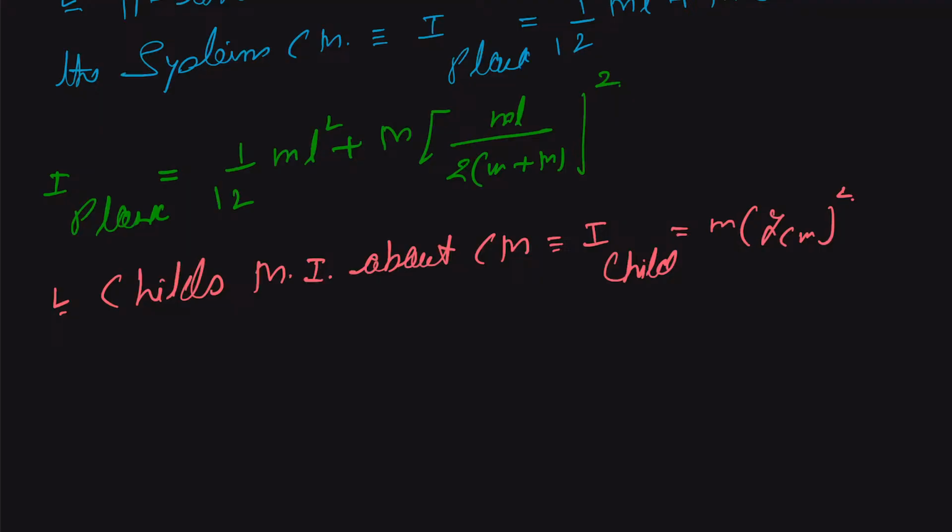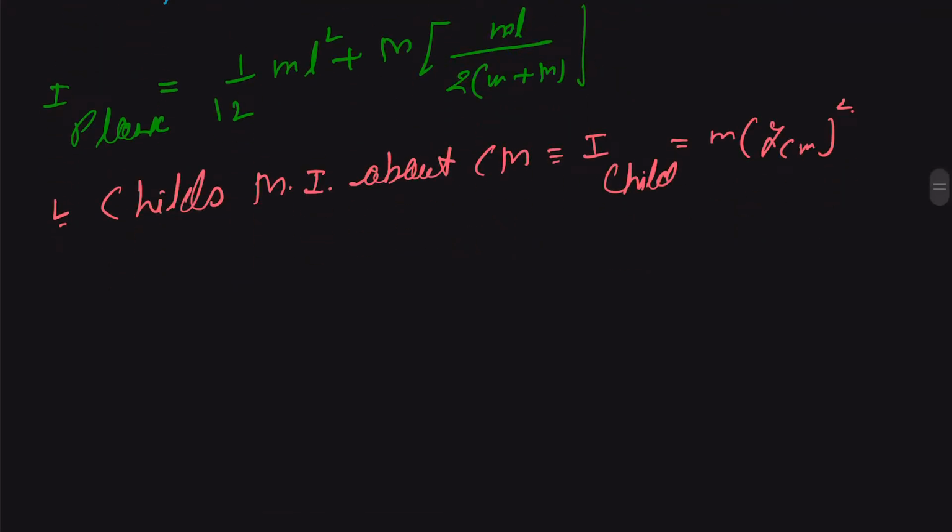R here is YCM. So we get I child will be equal to m times YCM, which is ML upon 2m plus capital M, and this whole square.